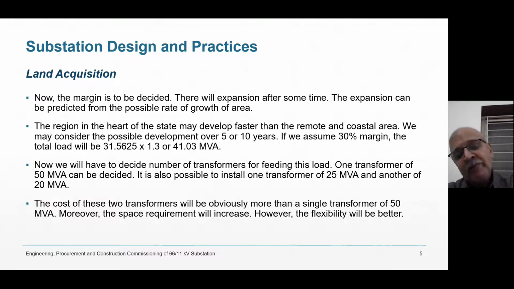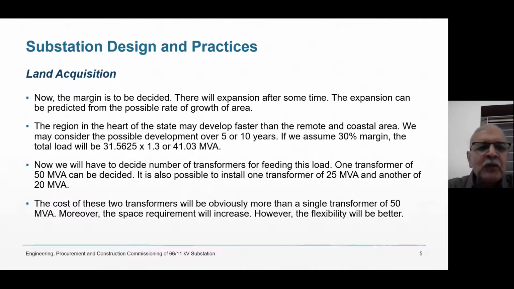That is a discriminatory factor, so I go for three transformers.